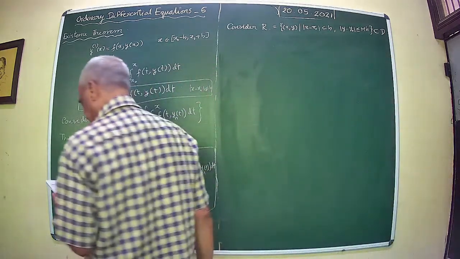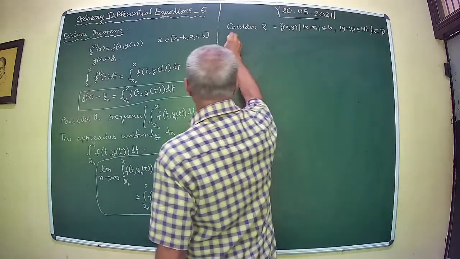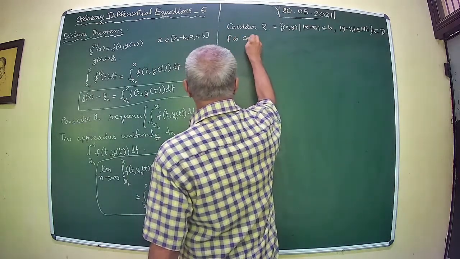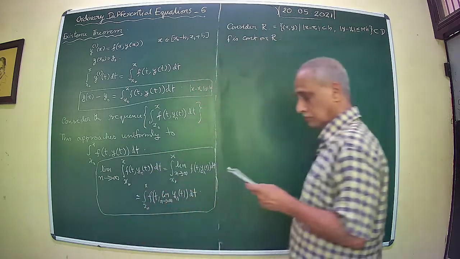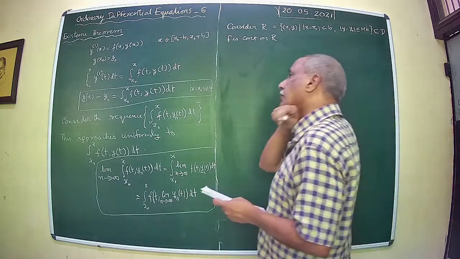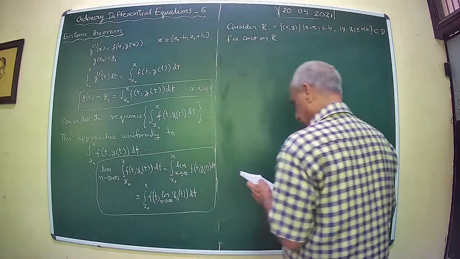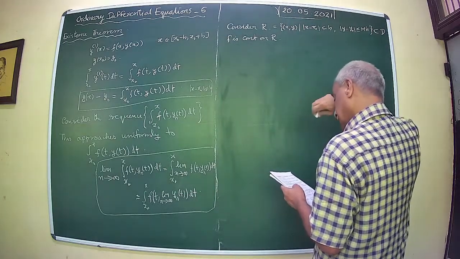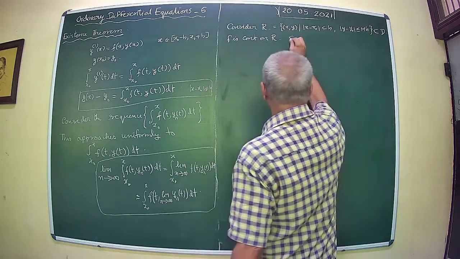We have f continuous on R, therefore we want to assert that it is uniformly continuous on R.